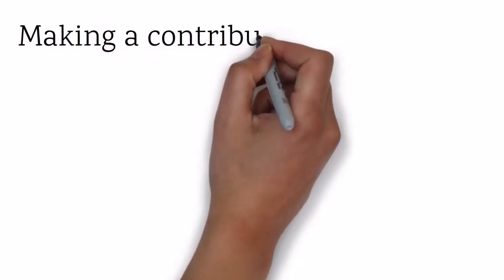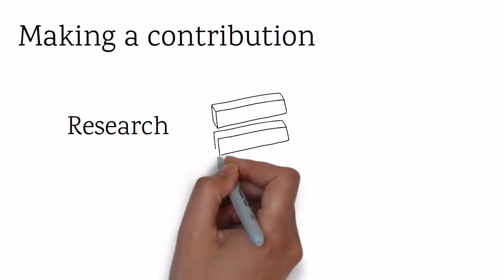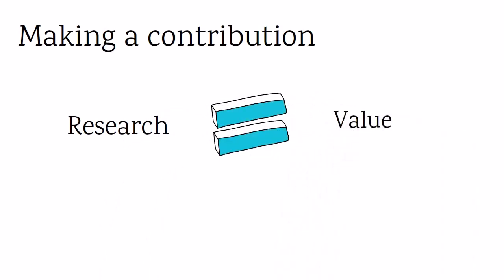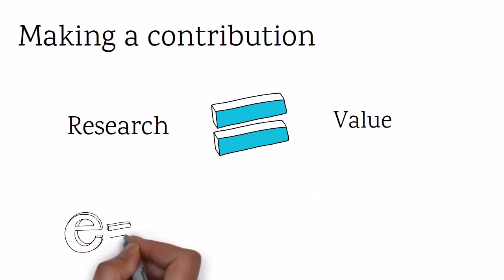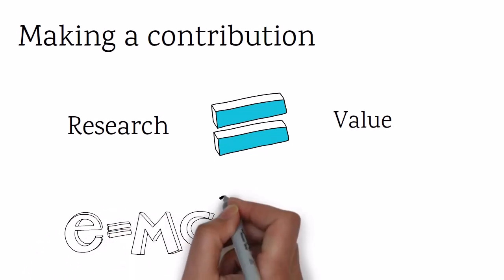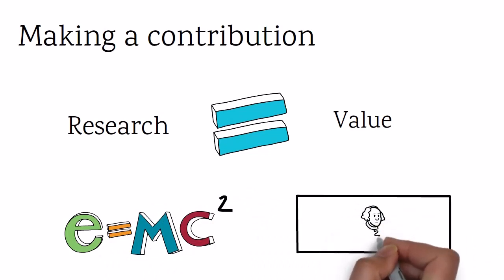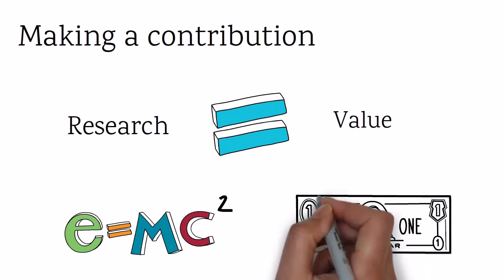When it comes to making a contribution, we need to explain why what we're researching is providing knowledge which is valuable. For a DBA, a Doctor of Business Administration degree, we have to make not only a theoretical contribution, but also a practical contribution. For practitioners doing doctoral level research, it's often the practical contribution which comes easiest.